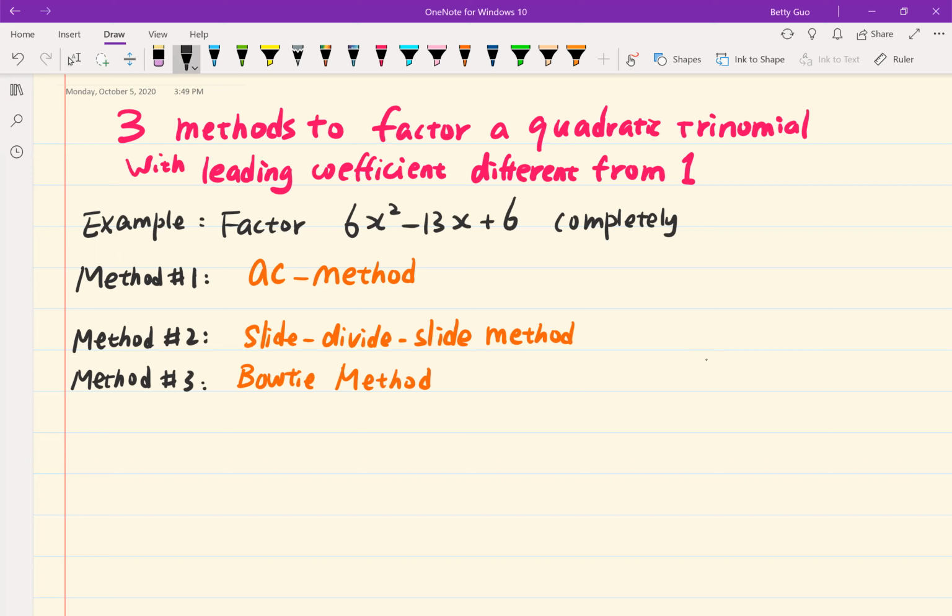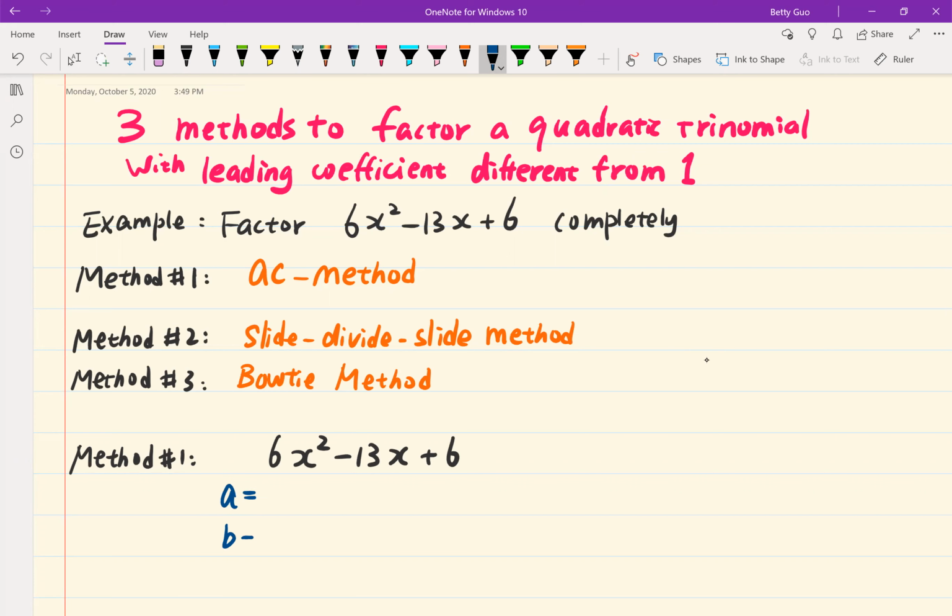Let's look at the first method, AC method. We have this quadratic trinomial, 6x squared minus 13x plus 6.